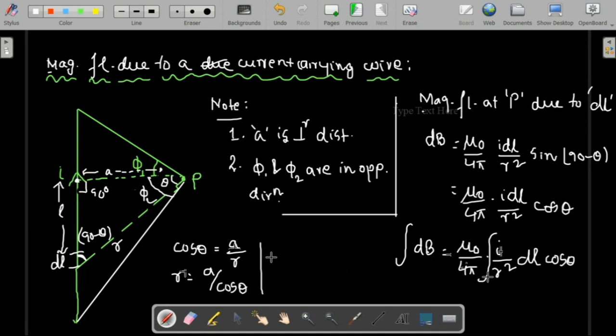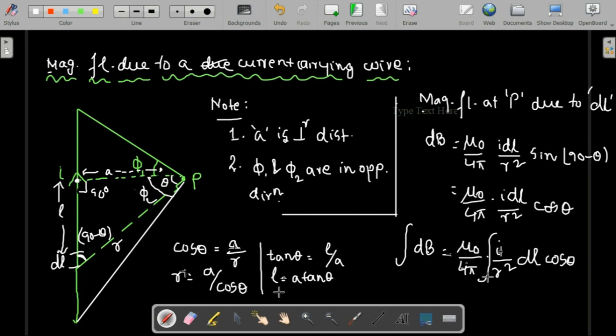Very simple, we can just take tan theta. If you consider this particular triangle, this is my length l, perpendicular divided by base, so it is l divided by a. So l is equal to a tan of theta.